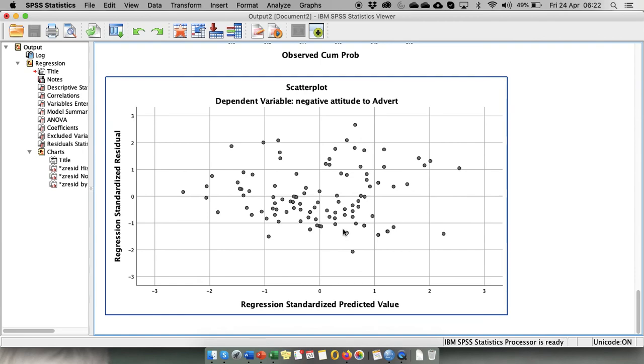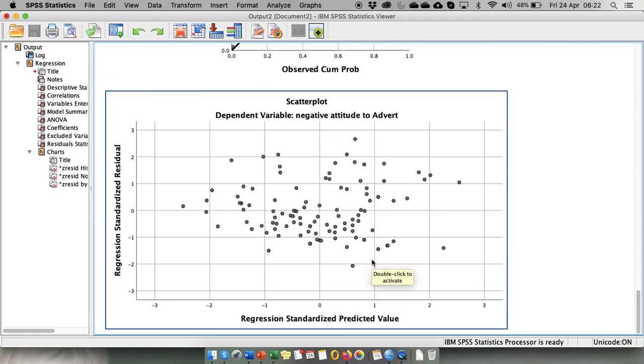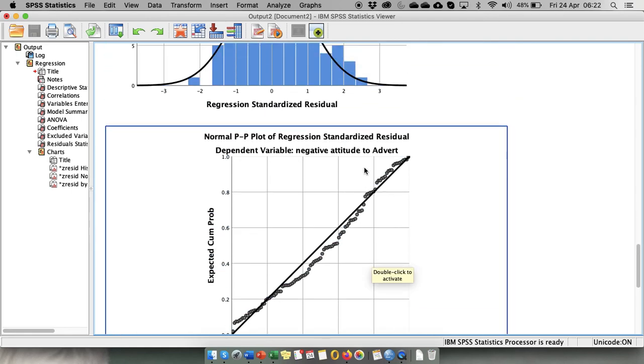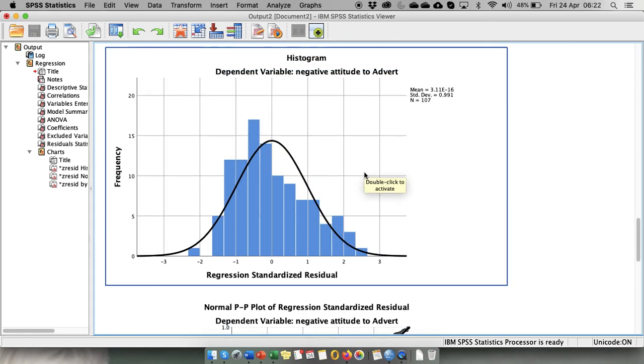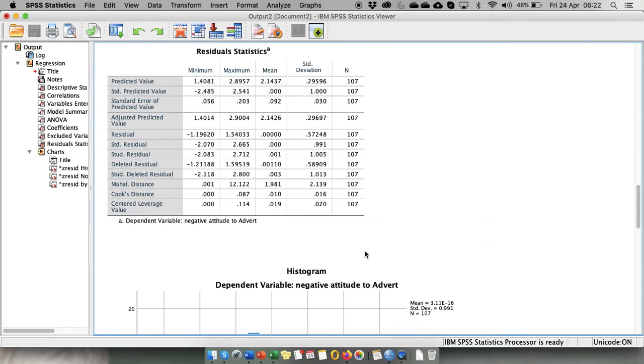And then we have our homoscedasticity plot, so we can examine whether variance across different levels of predictors is equally spread. So in terms of assumptions, you use this graph to examine homoscedasticity. You use this graph and this graph to examine normality or distribution of your errors.